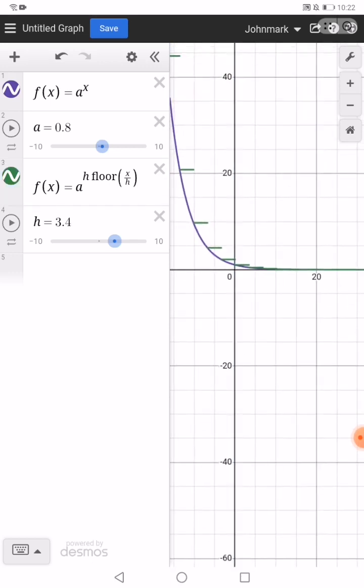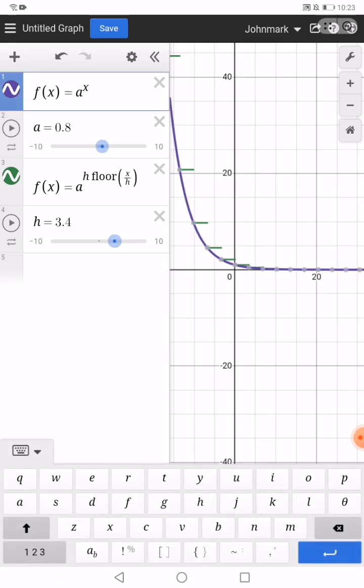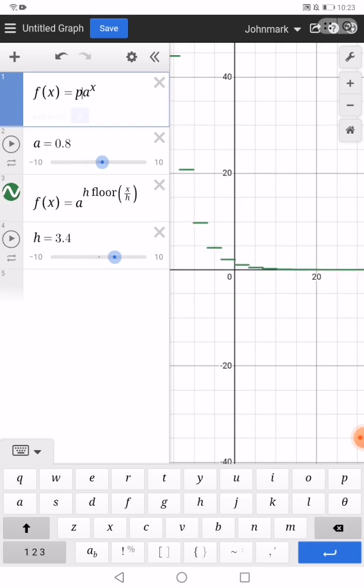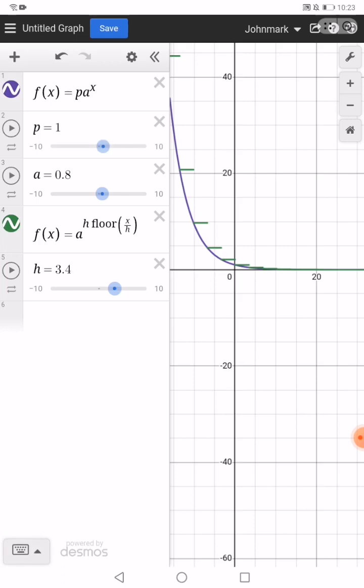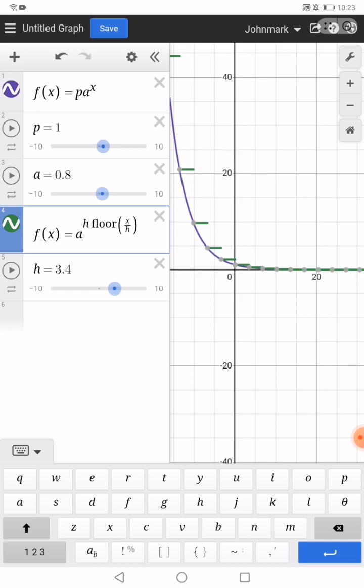Then we also have some exponential function where there is a coefficient value. Let's say we have a coefficient p, and we'll do the same here on our converted step function.